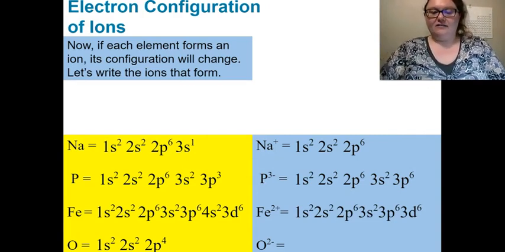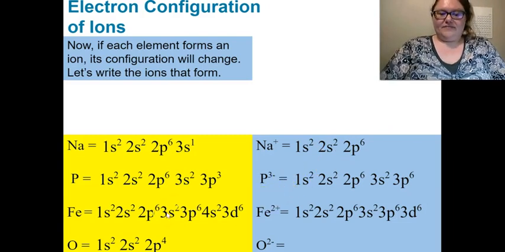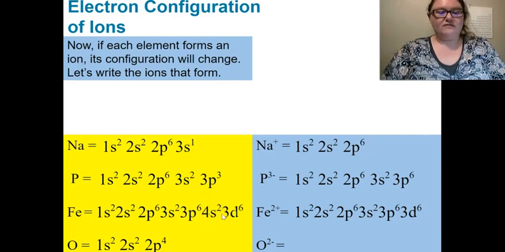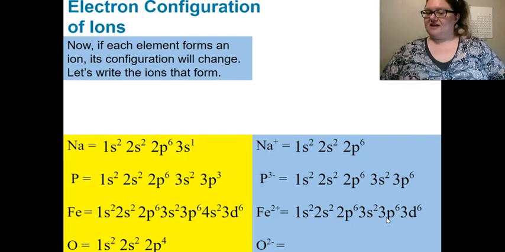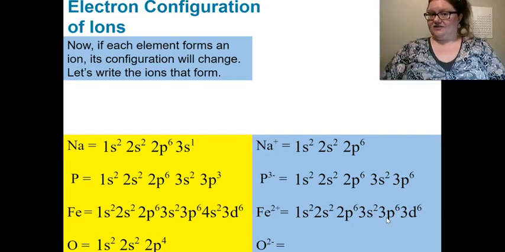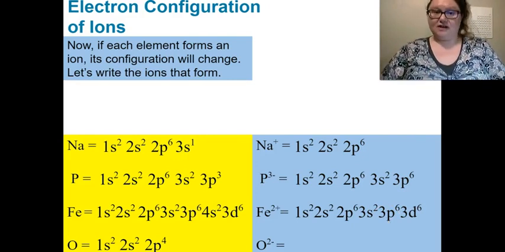Next, we look at iron. Okay, iron, let's take a look where we are here. We're unloading these 4s. If we look at both configurations here, and see what happened, the 4s2 is missing in the ion form. Now I will pause for a second here and say iron is a transition metal.